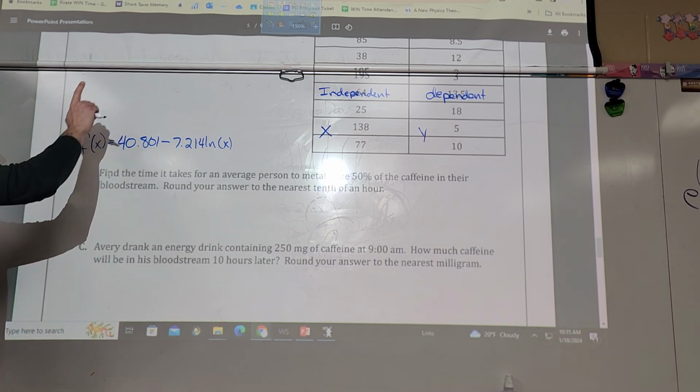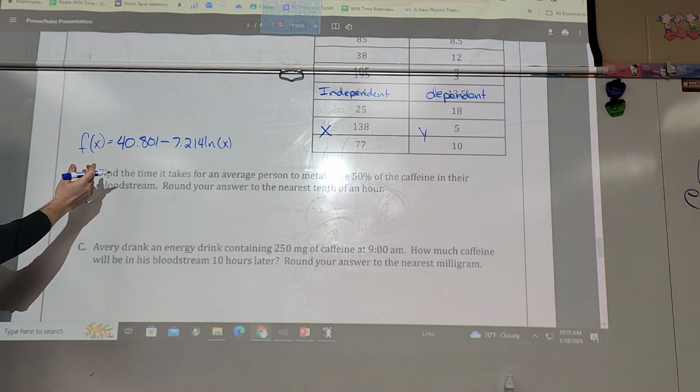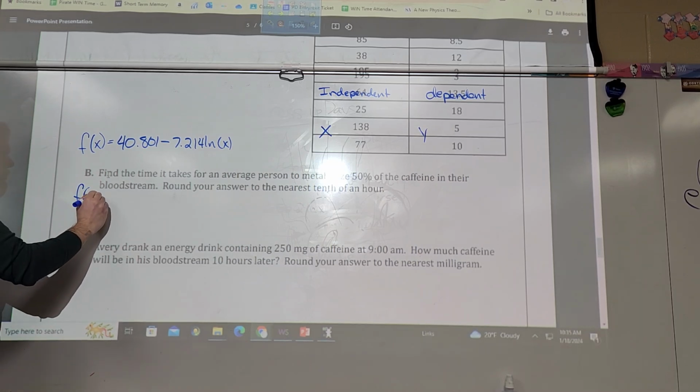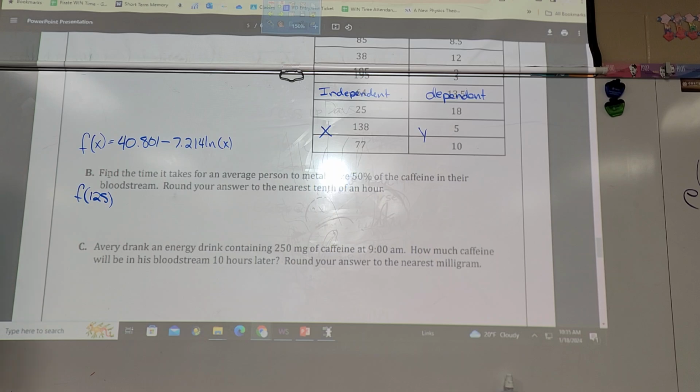What is X? Milligrams caffeine. So what do I plug in for X? 125. This is why this one's different. Usually my X is time, but this one it's caffeine. I'm plugging in 125 because that's half of 250.